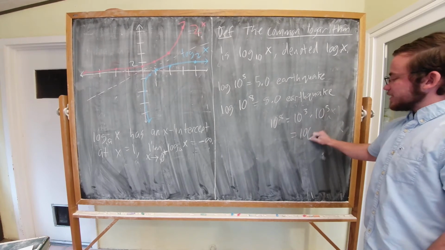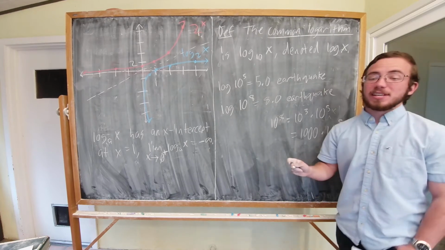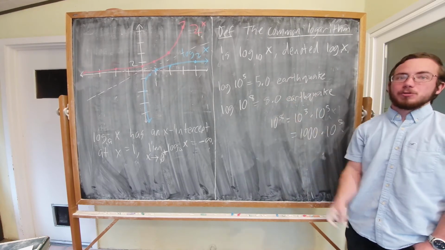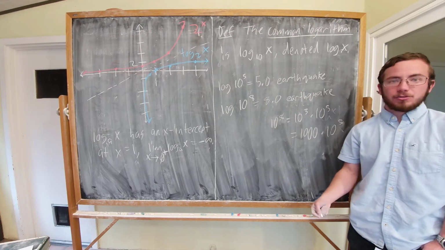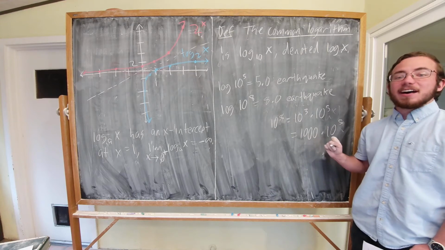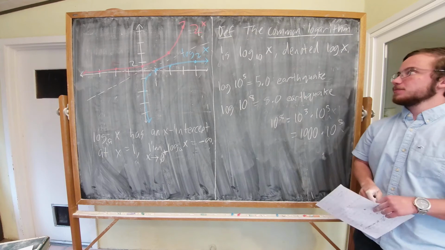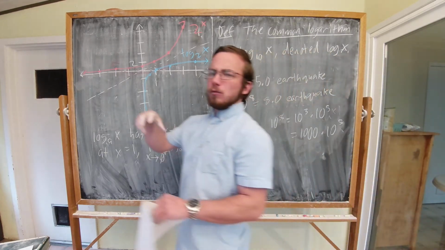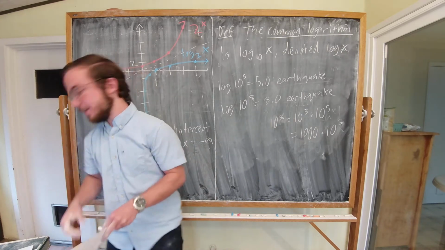So 1,000 times 10 to the 5th. This is why, even though you see 5.0 earthquake, 8.0 earthquake, I guess 8.0, that's pretty close to 5, right? Why are those two earthquakes so different? It's because an 8.0 earthquake has 1,000 times more energy than a 5.0 earthquake. So logarithms are good for representing large scalings in a very small, compact way.